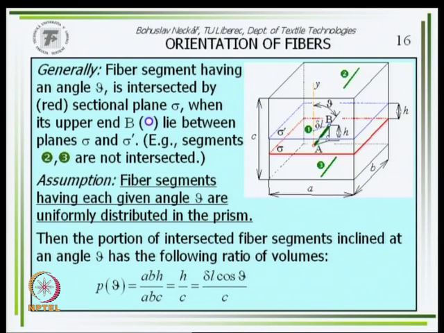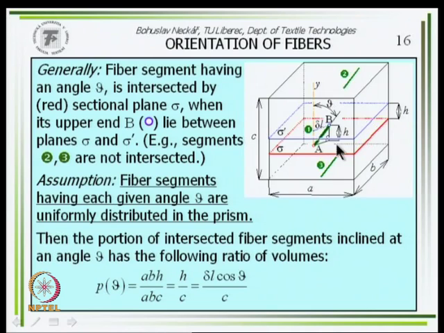And now, how must the position of a fiber segment be when such a segment is cut? Evidently, the upper point B of such a fiber segment must lie between these two planes, the sectional plane sigma and our blue plane sigma dash. I think it's evident.